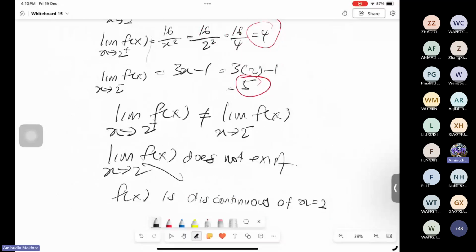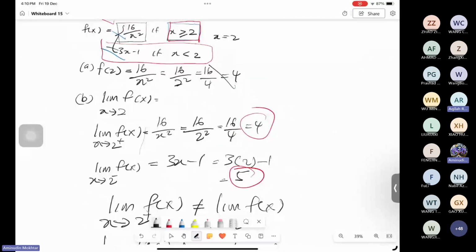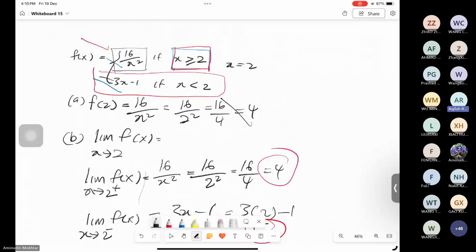Okay, any questions so far before I continue to the other example? Yes, please. The first equation that we need to calculate to find the y value, right? Why do we use 16 divided by x squared? Can we also use 3x minus 1?